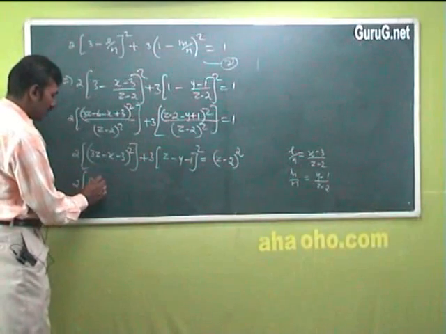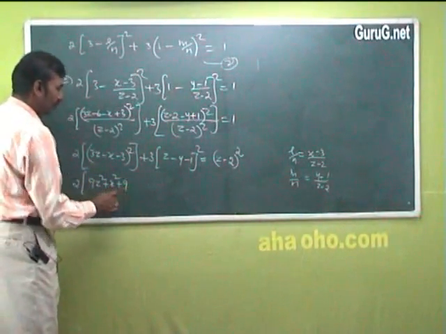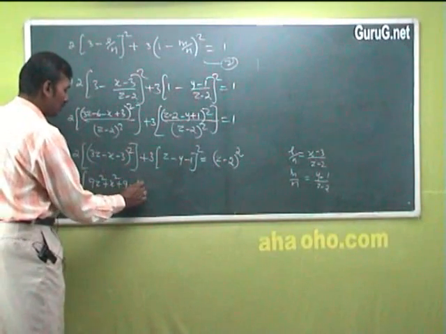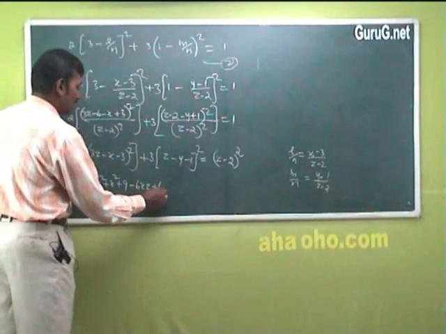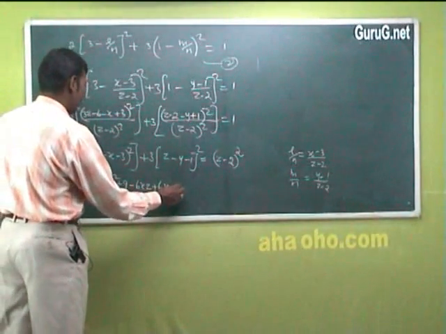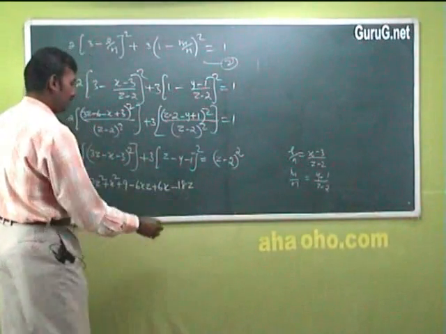So 9z square plus x square plus 9, then minus 2 into 6xz, then plus 6x, then minus 18z, right?